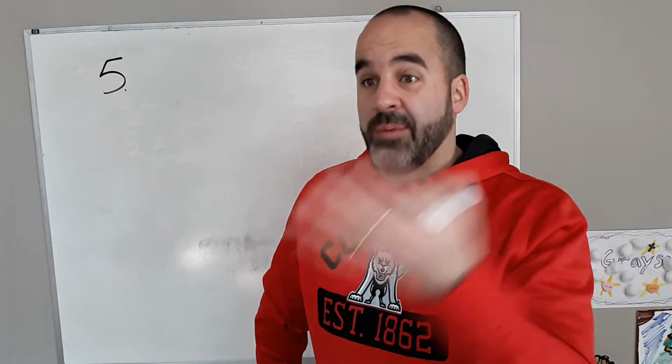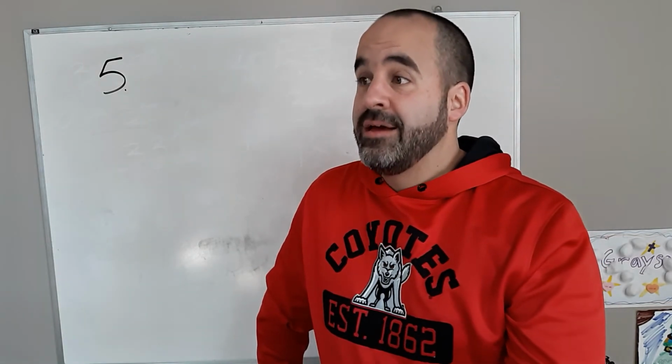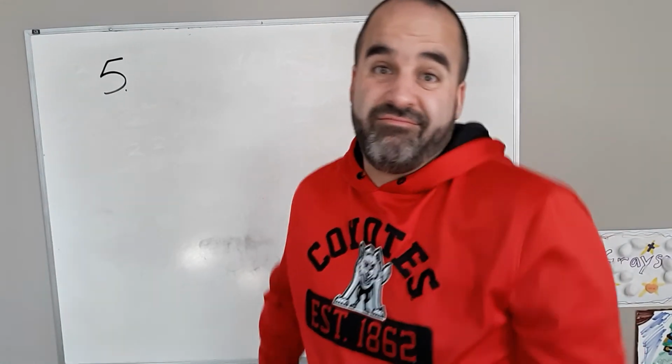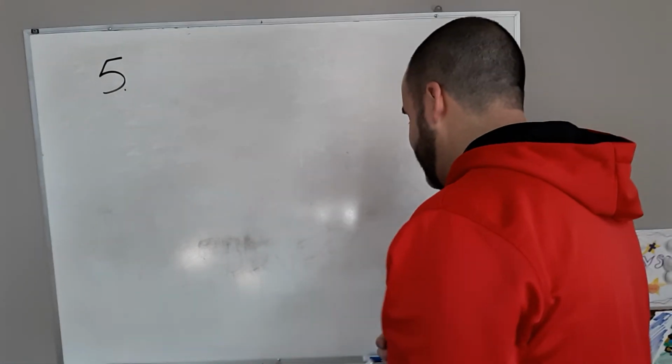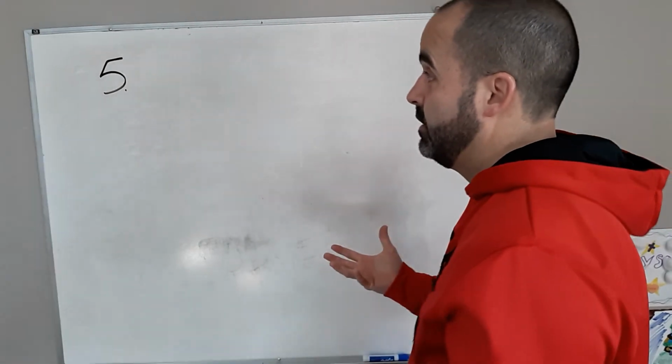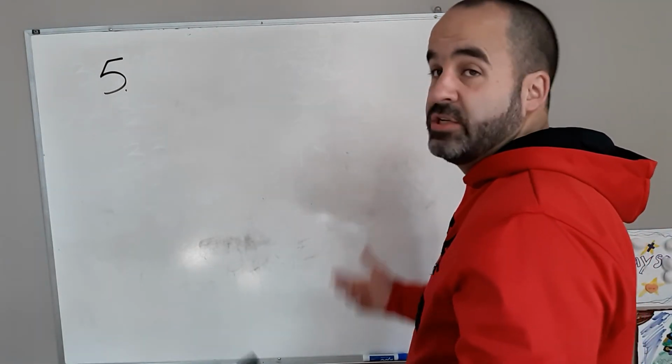Sure. If the number on top is less, we borrow. If the number on top is greater, we don't. There's your answer. Okay? It's no different than when we were in our 2-digit subtracting.